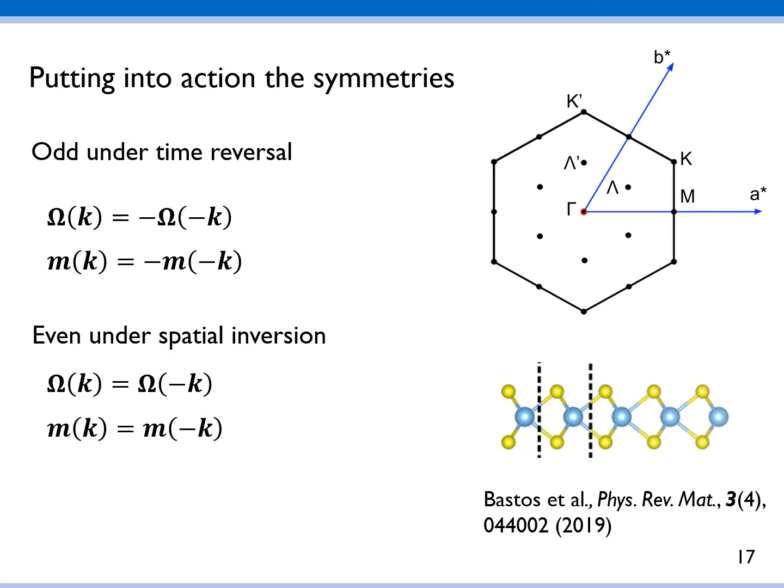So in summary, we saw that we can distinguish our particles in the two valleys by shining left-handed or right-handed light on them, and this optical selection rule is caused by the orbital magnetic moment.